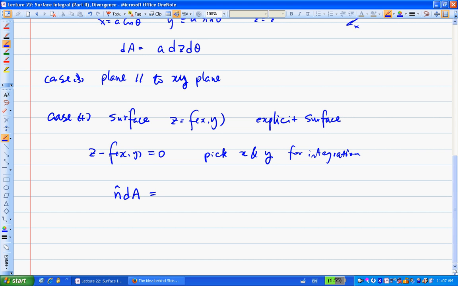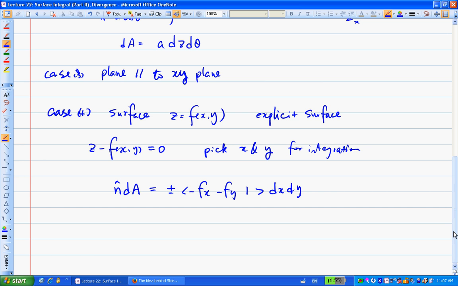So this n hat dA, we're going to be able to find this actually equal to this. Okay. So we'll be able to find this n hat dA is this guy here. Now, if I look at what's inside here, what's inside here?